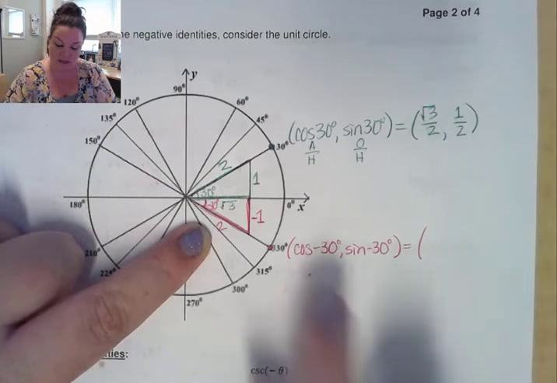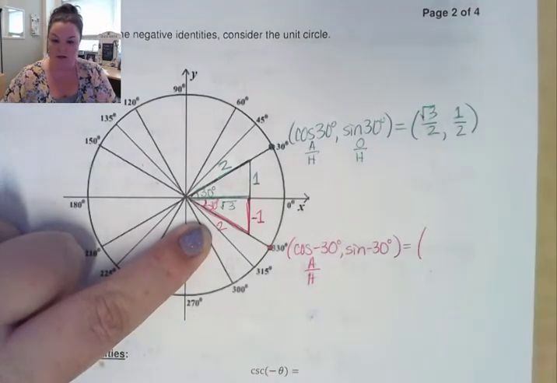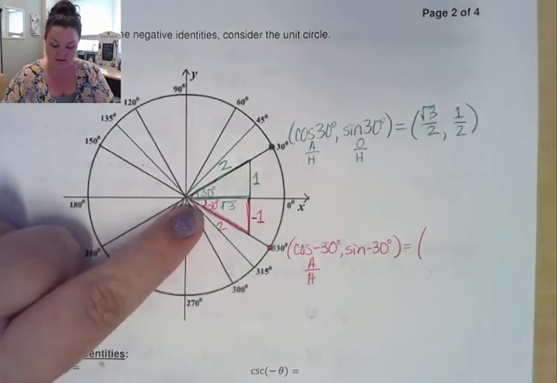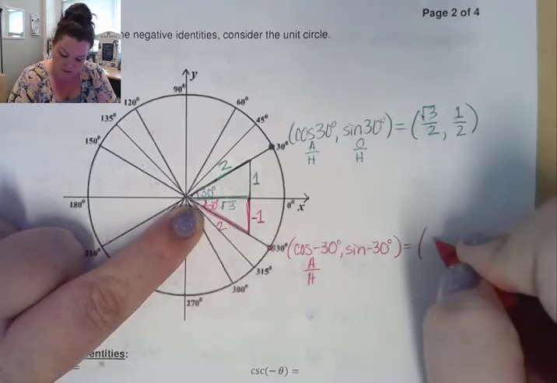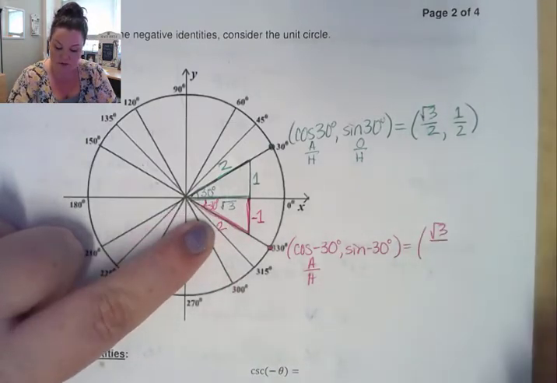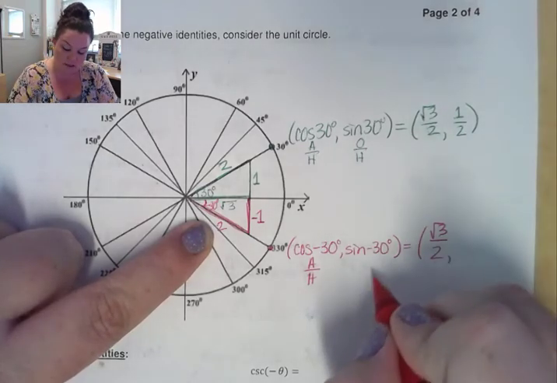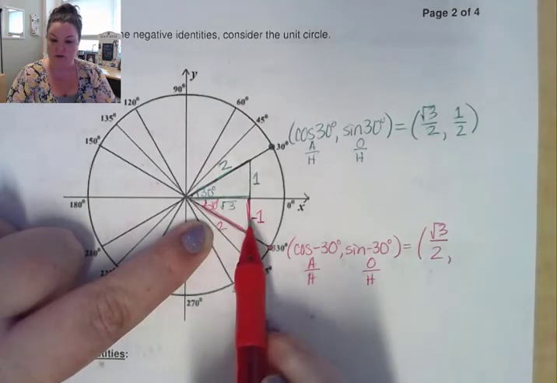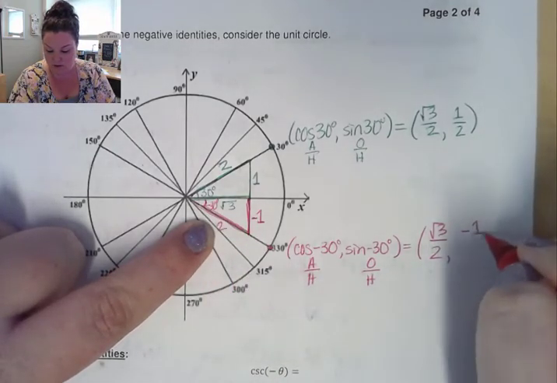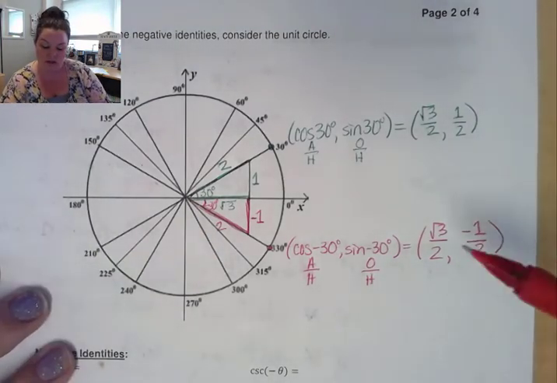If I look at cosine again, that is adjacent over hypotenuse. My adjacent side of my negative 30-degree angle is still square root of 3 over my hypotenuse, which is still 2. If I look at sine of negative 30 degrees, we're looking at opposite over hypotenuse. So opposite the negative 30-degree angle is negative 1 over my hypotenuse of 2. Notice what changed. My cosine values didn't change.